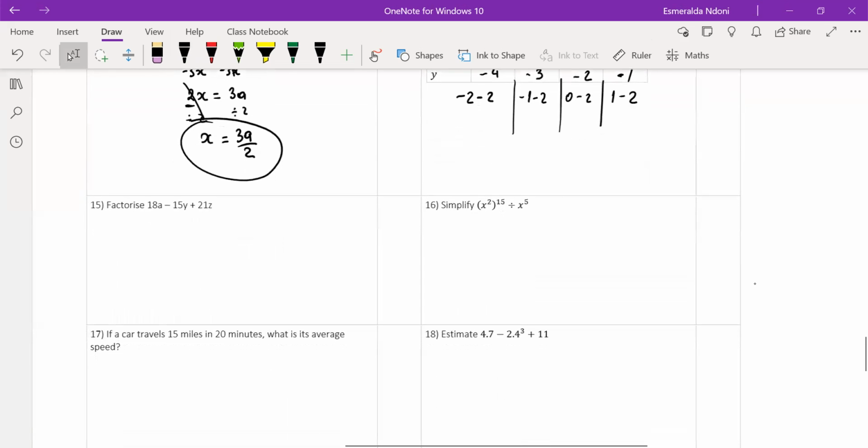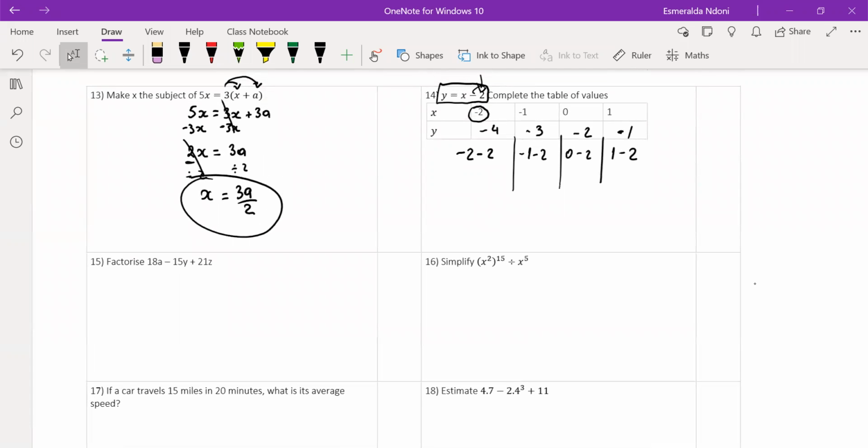Question 15. Factorize. You have 3 terms to this factorization. So you will need to look, first of all, for the highest common factor of 18, 15, and 21. So if I am to do the 18 first, I have 1 and 18, 2 and 9, 3 and 6.